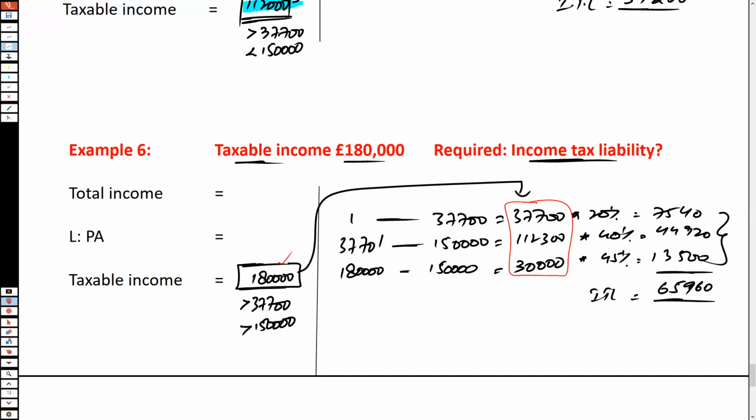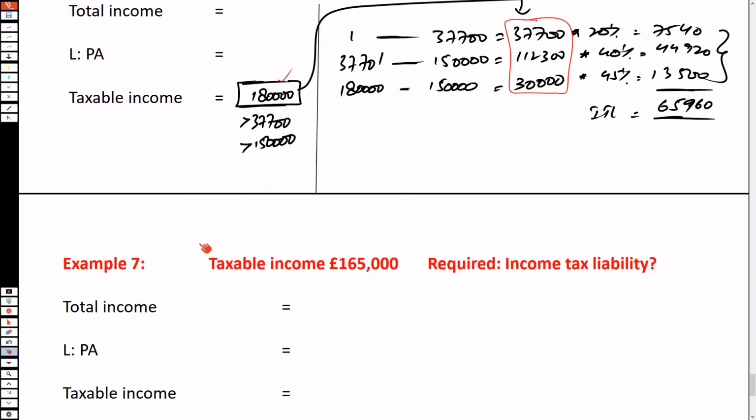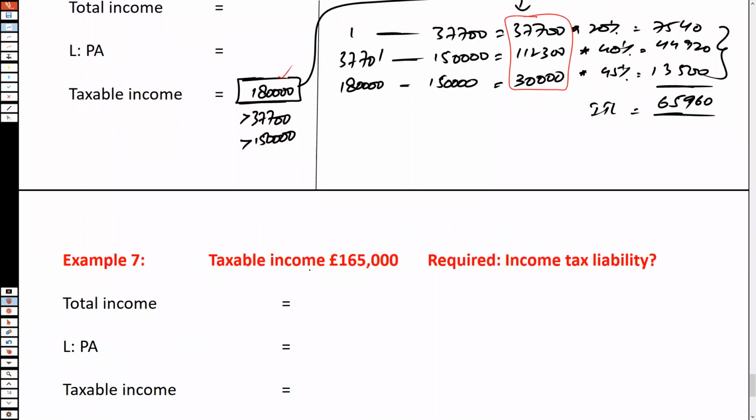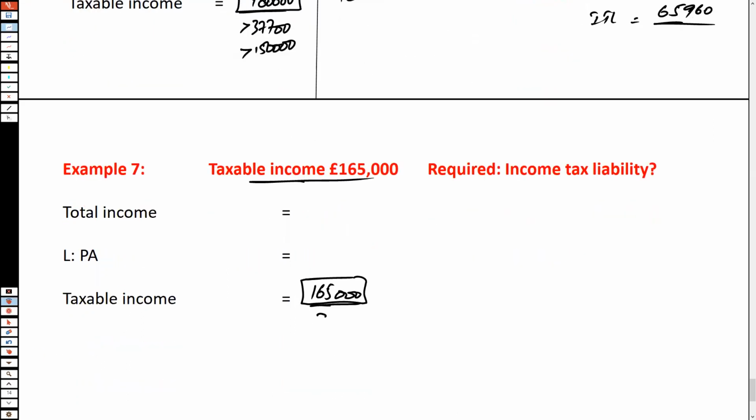Hopefully now you are getting the idea of how to use the band limits and how to apply the tax rates. Example 7 is the same as the previous one. The taxable income is given as 165,000, and this taxable income is more than the basic rate band limit of 37,700 and also more than the second band limit of 150,000.